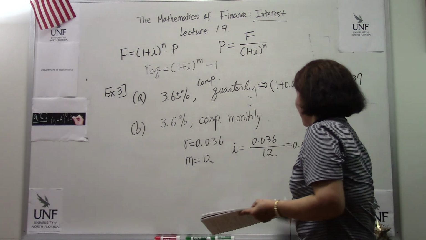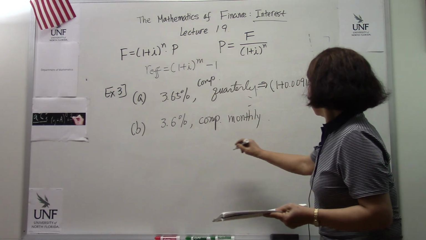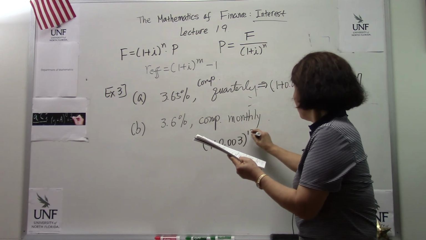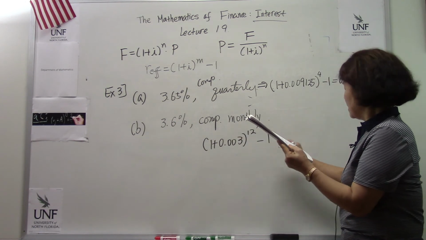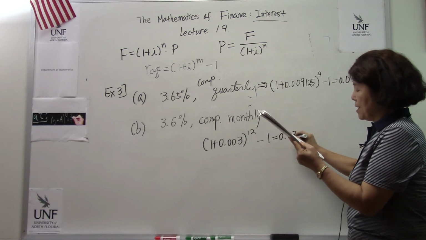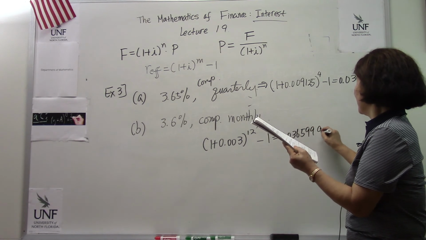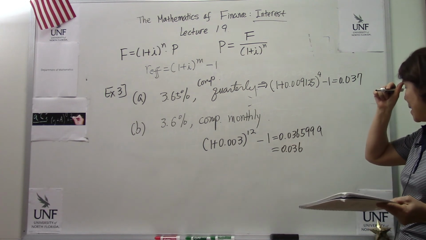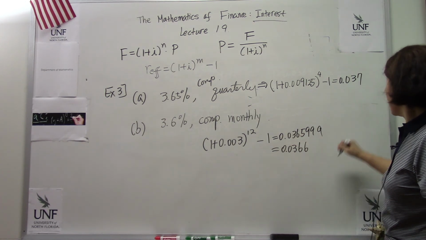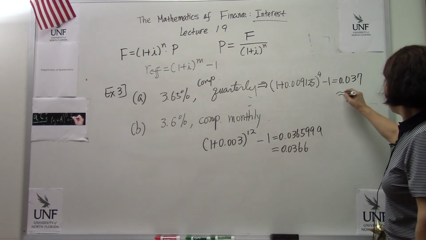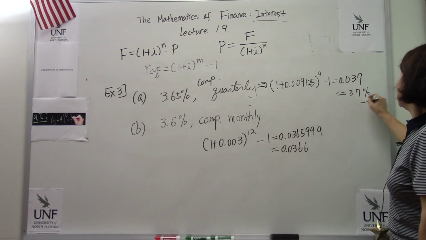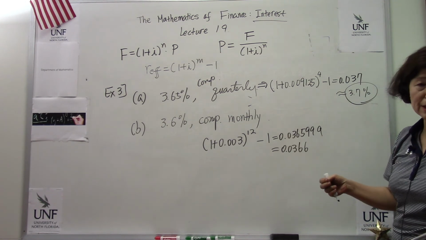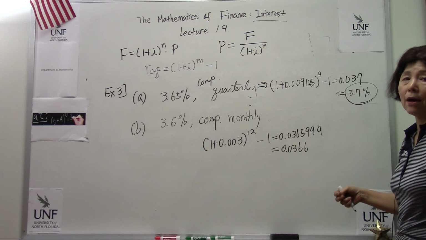On the other hand, option B is 1 plus 0.003 to the 12th power minus 1, which gives you 0.0366, roughly. So A is roughly 3.7%, which is equivalent to saying you are going to have a 3.7% interest rate converted to simple interest.